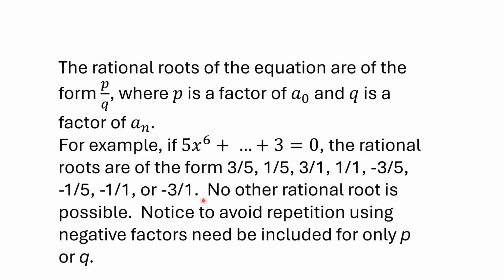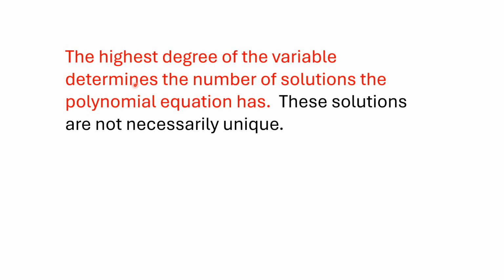For example, I get a negative over negative instead of a positive over a positive, and it's not worth doing that. So I have 8 distinct candidates. The highest degree of the variable determines the number of solutions a polynomial equation has, but they're not necessarily unique.